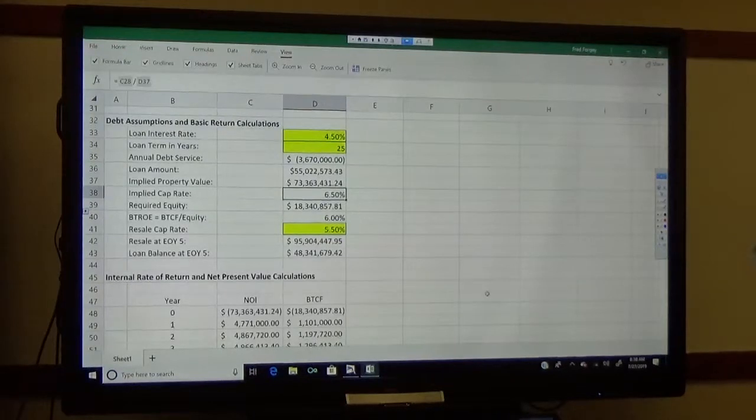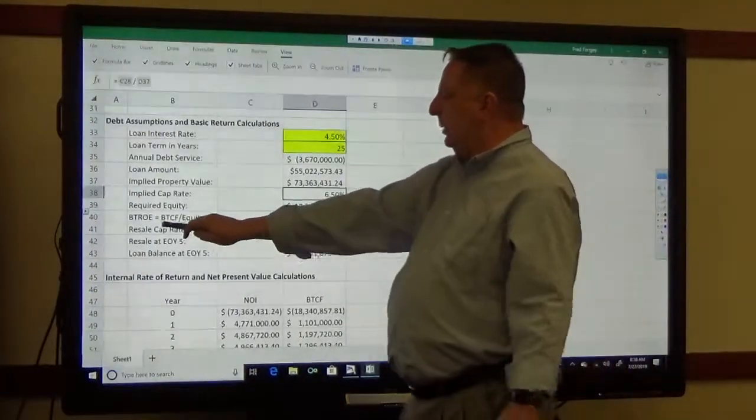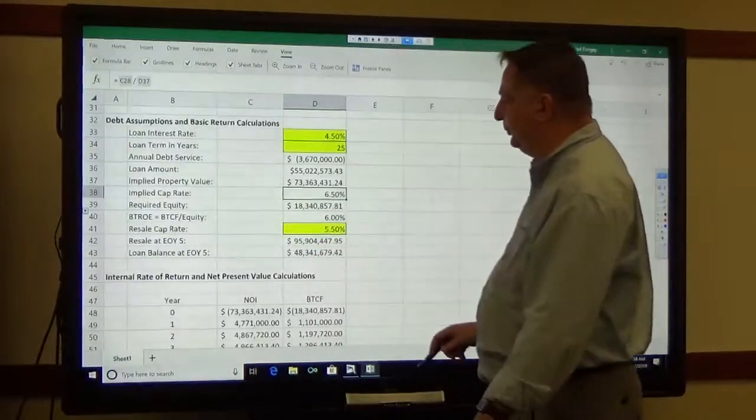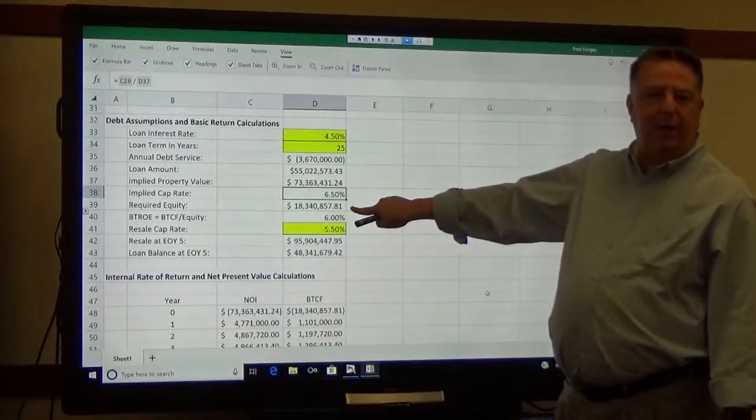Also called a cash on cash return. In this case, this before tax return on equity is simply taking that first year of before tax cash flow and dividing it by the amount of equity that you've put into the property.